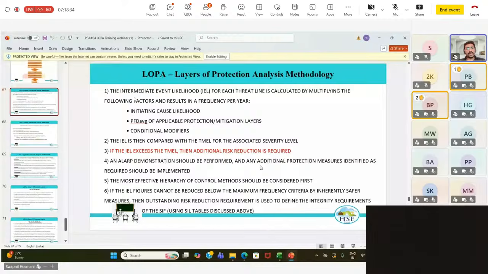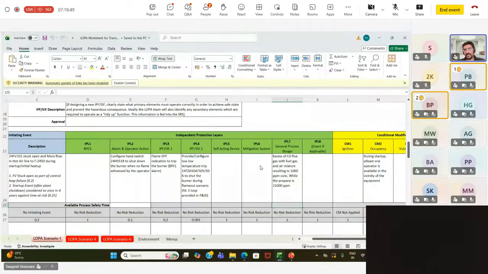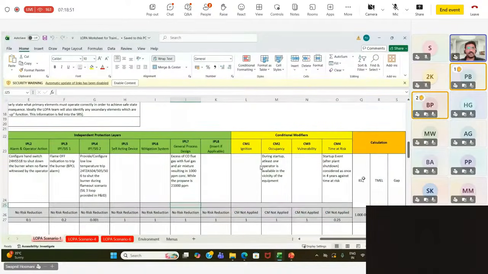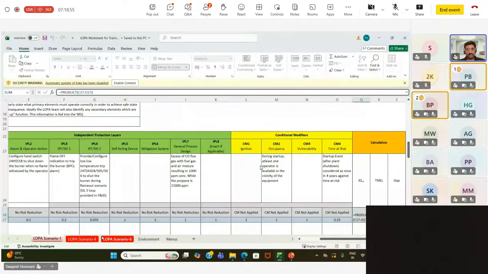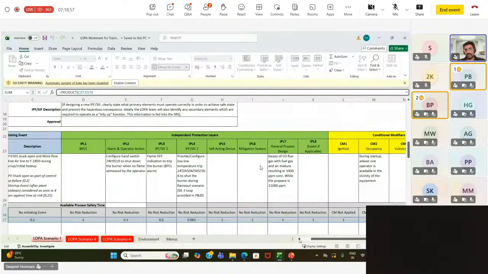The product of the initiating event likelihood, the PFD average and the conditional modifiers is our intermediate event likelihood. You see here, it is a product of all these values.